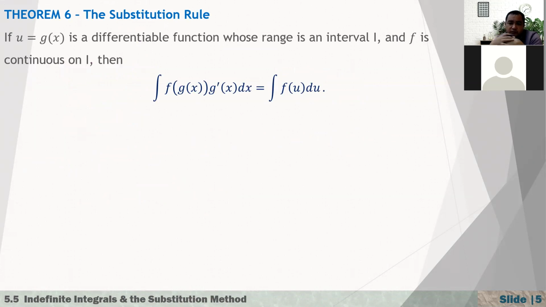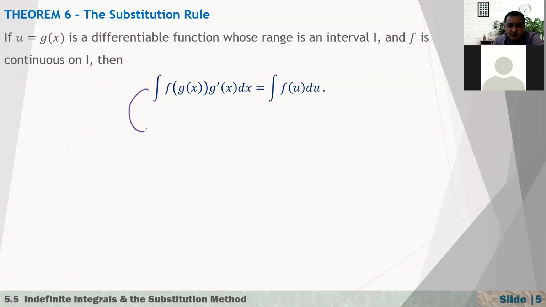So in general, what are we doing here? If u is a function of x, g of x, a differentiable function whose range is an interval I, and f is continuous on I, then the integral of f of g of x times g prime of x dx is equal to the integral of f of u du, right? Why?